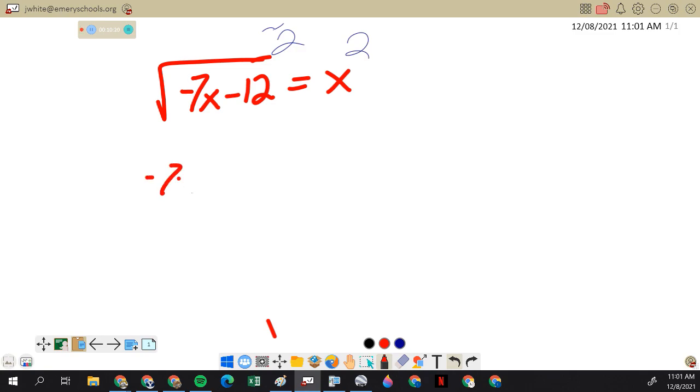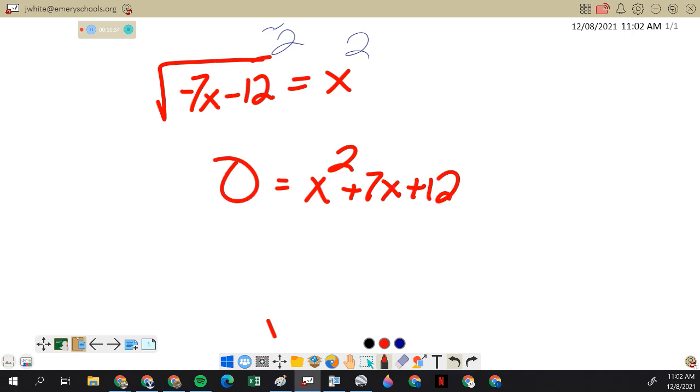And I get negative 7x minus 12 is equal to x squared. Move everything to the other side. Now I factor. Are there two numbers that multiply to be 12 and add to be 7? Not 6 and 1. Try again. 3 and 4. You were thinking 6 and 2.